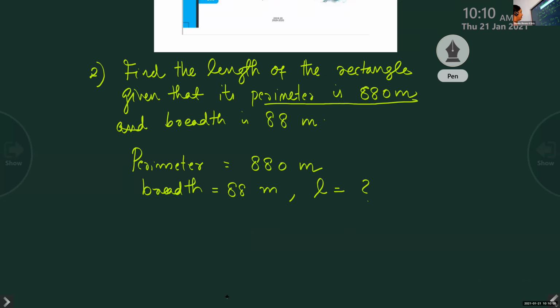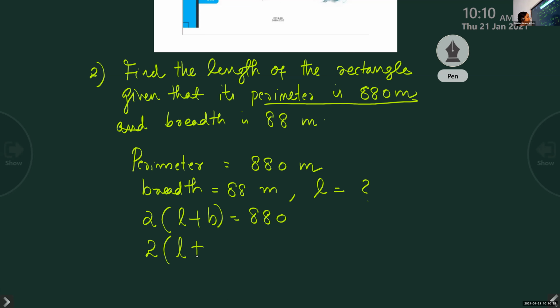Now, the perimeter formula we know. What is the perimeter formula? 2 into (L plus B) equal to 880. Now, in this, what all things do we know? We don't know the length, so write L itself.